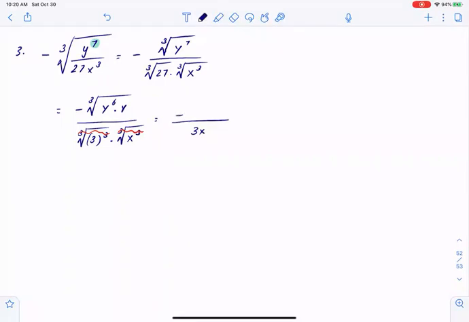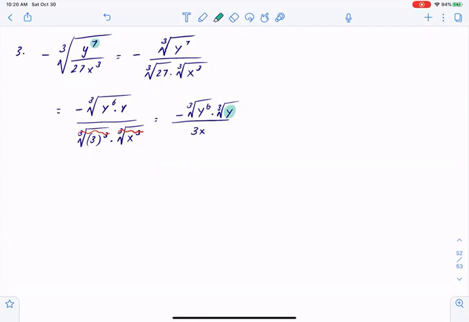We'll go to the numerator now. Split. And that's what I would have. The third root of y, now we can't do anything about it because the power of y is definitely less than 3.